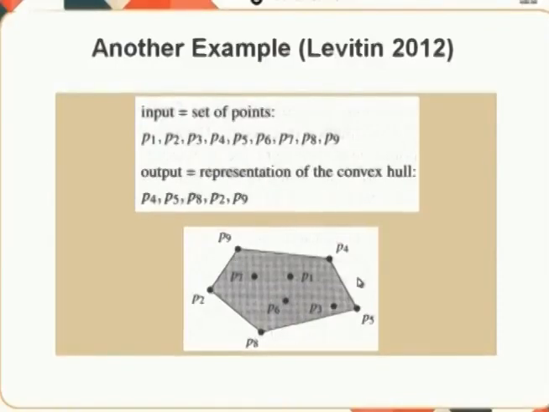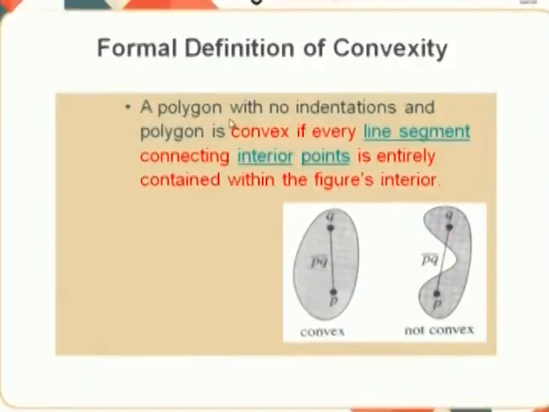Now we are going to find the smallest polygon. That smallest polygon is going to be like this. You can see P4, P9 etc. are forming the vertices of the boundary. In other words, these are the extremal points, and these inner points P1, P3, P6, P7 are not very important.